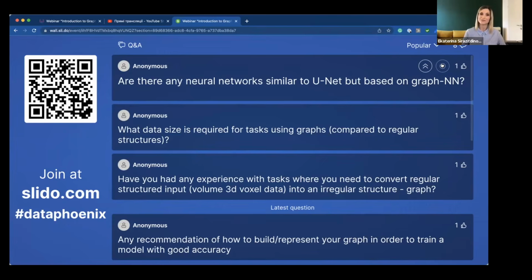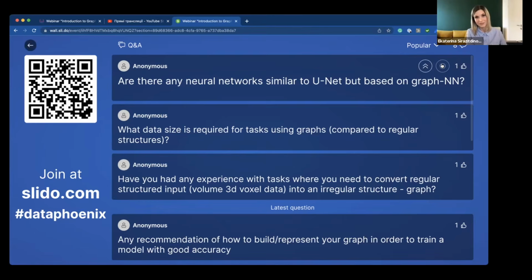I must say I didn't do this research, because when we talk about images, it's still more efficient to use convolutional neural networks or transformer architectures. Maybe there are architectures for that, but I'm not sure if it's the most efficient way.